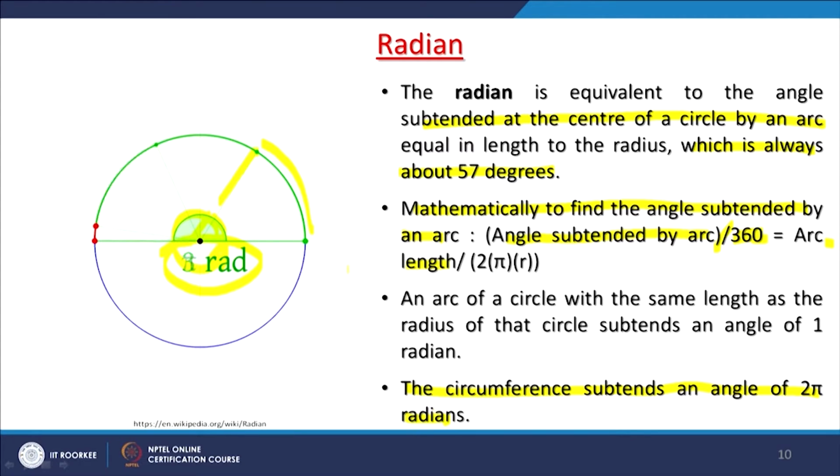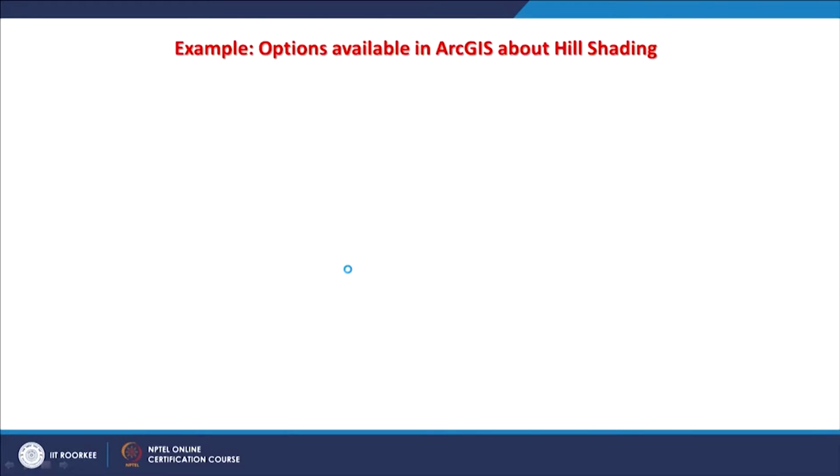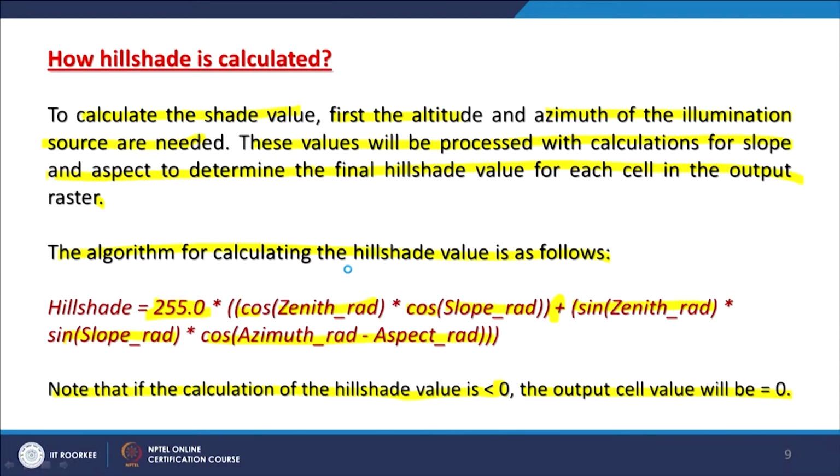So, if you are covering the entire circumference, then the radian value would be equivalent to 2 pi. So, that is why in that calculation, the values are always in radians.